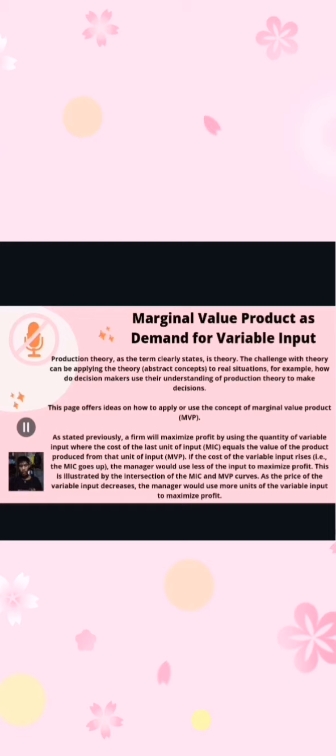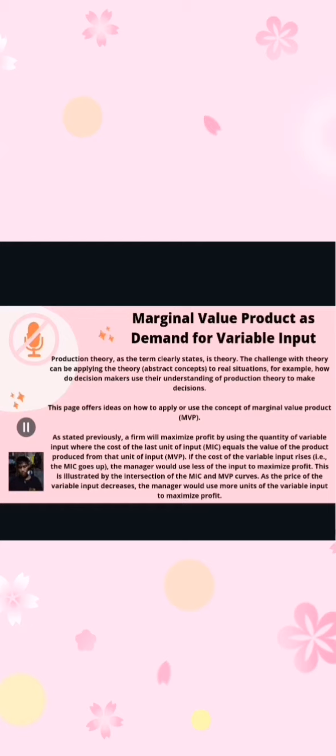As stated previously, a firm will maximize profit by using the quantity of variable input where the cost of the last unit of input, or MIC, equals the value of the product produced from that unit of input, or MVP.